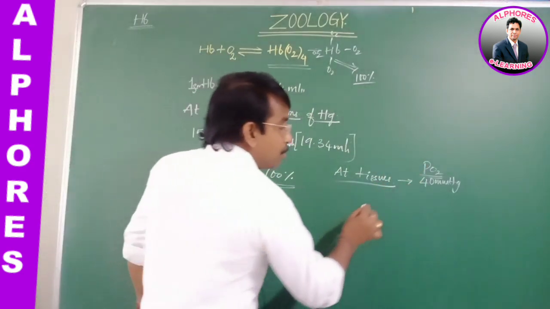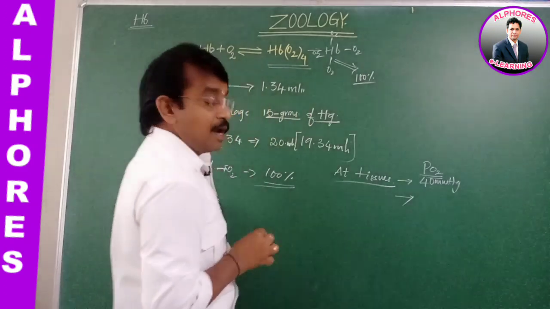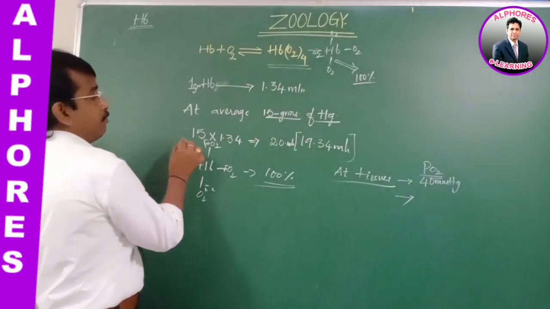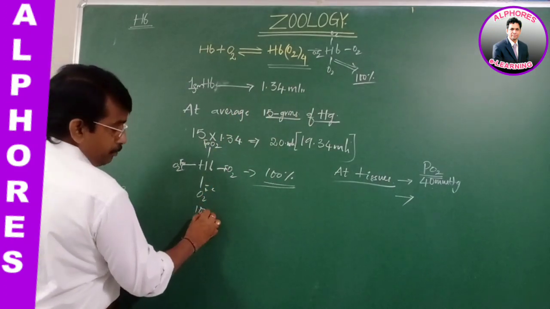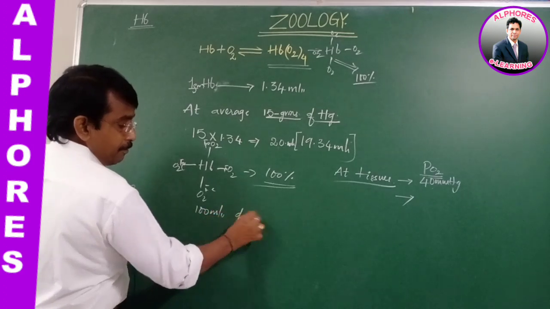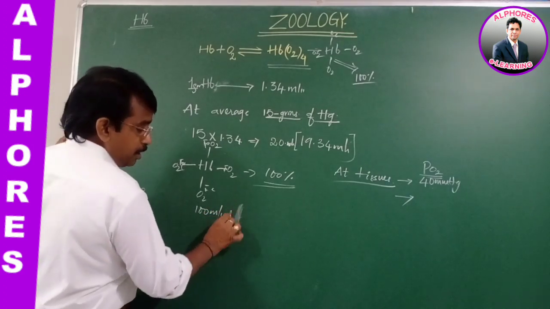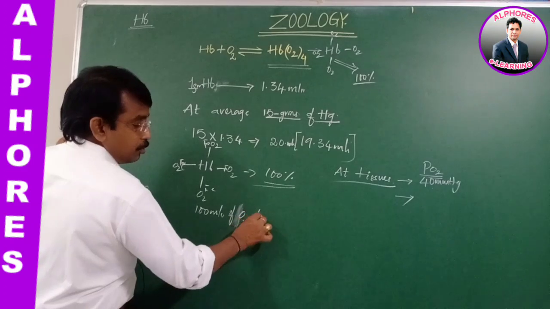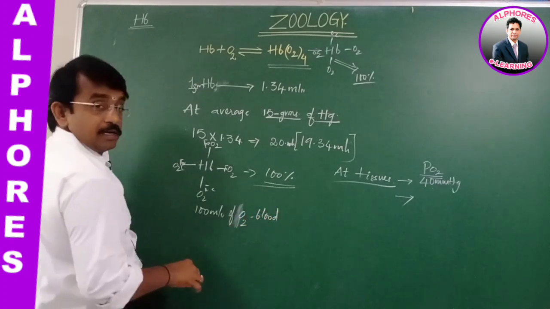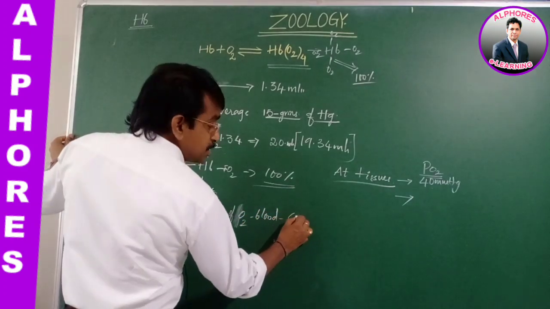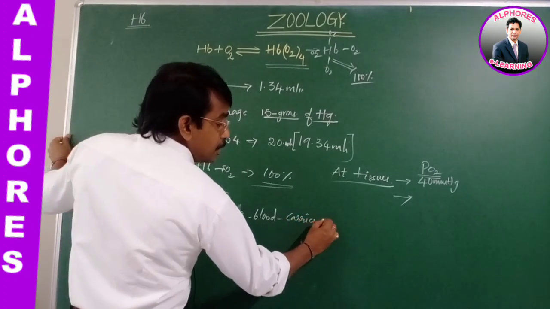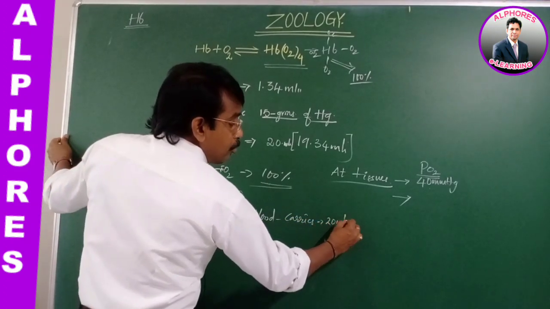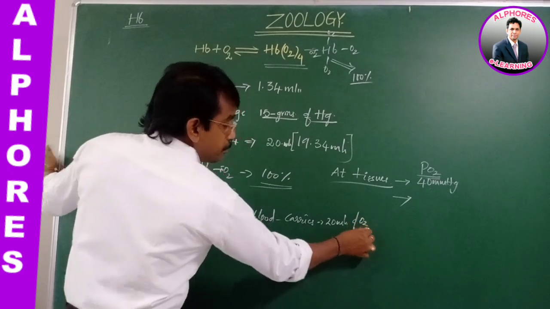This is how the 100 ml of oxygenated blood carries 20 ml of oxygen.